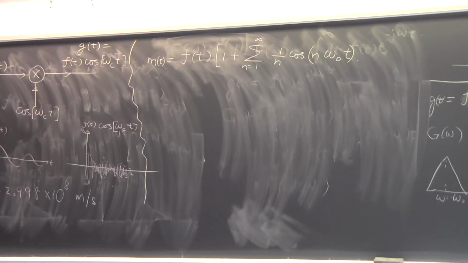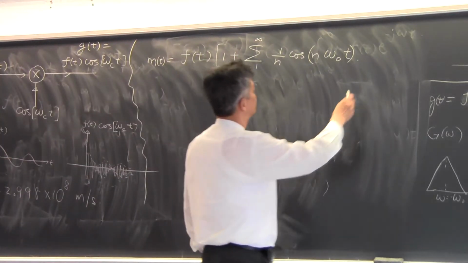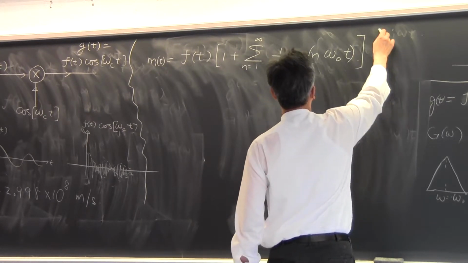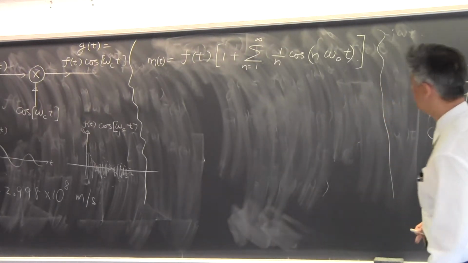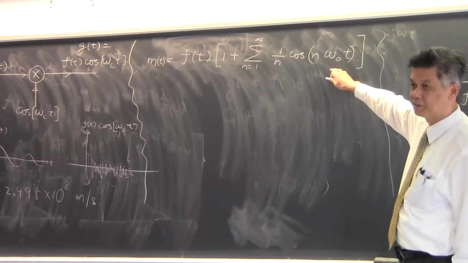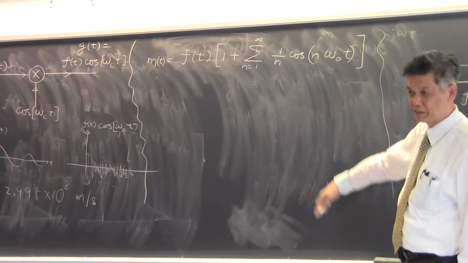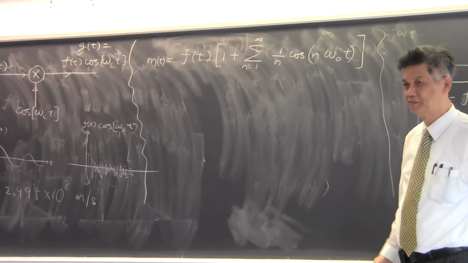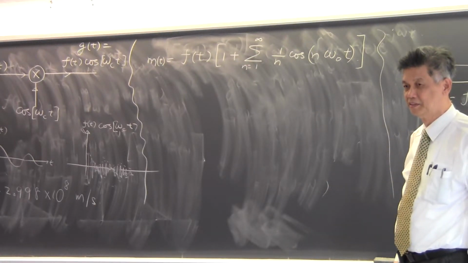Probably a no-brainer for most of you, right? If you know that when you multiply by cosine of omega 1 t, you get one spectrum like this, then if you multiply by cosines of different frequencies, you get a whole bunch of spectra that are shifted by different amounts.